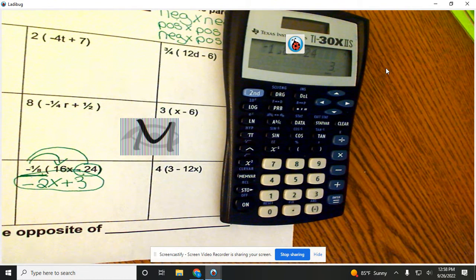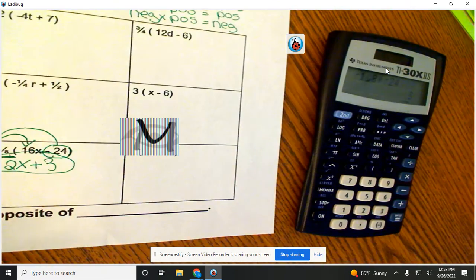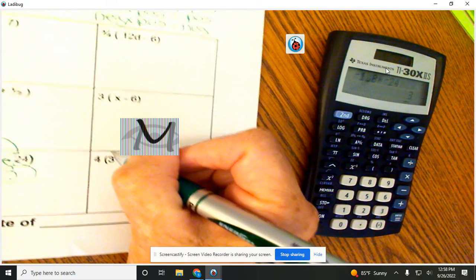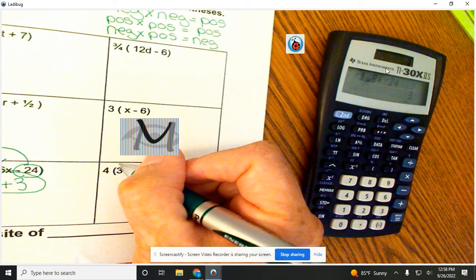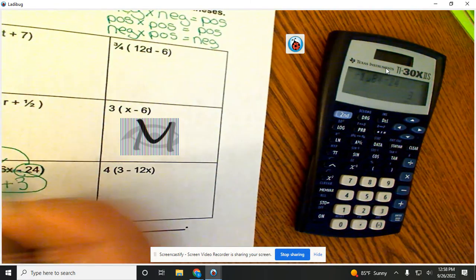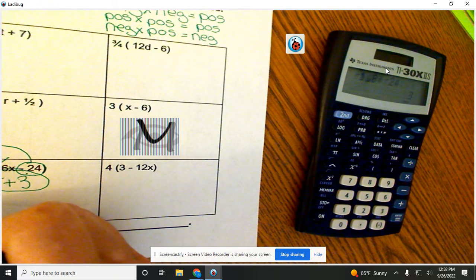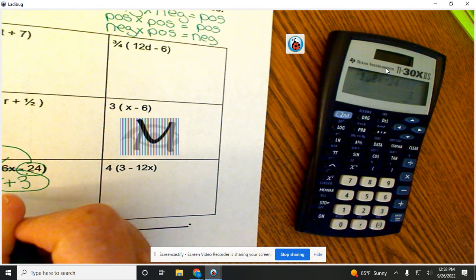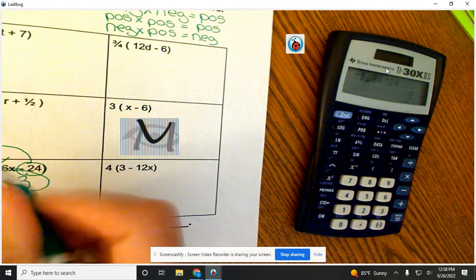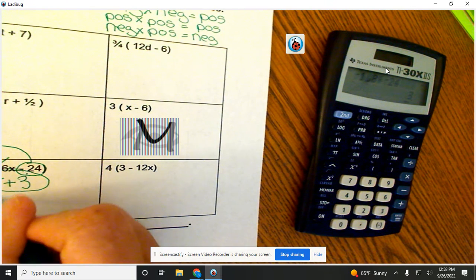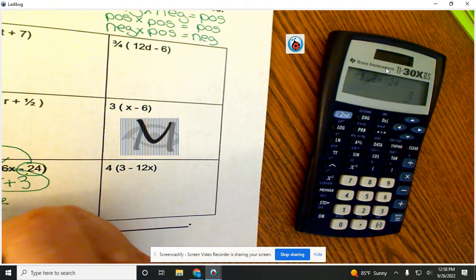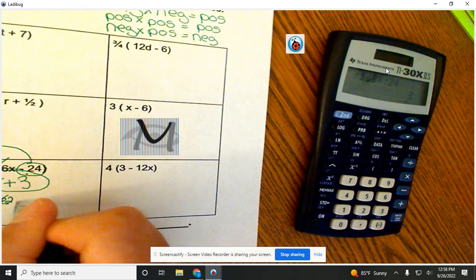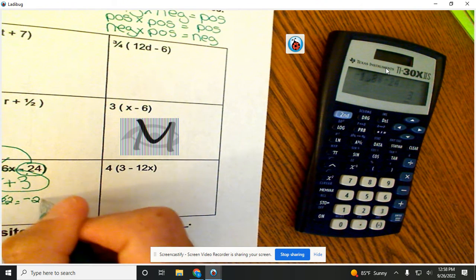Now, if that looks a little not what you're used to seeing and you want to do it long-handed, you can rewrite this as negative 1/8. And if you want to go through and multiply it step by step, you can multiply it 16 times 1. And we can simplify it right off the top, which would give us our negative 2x.